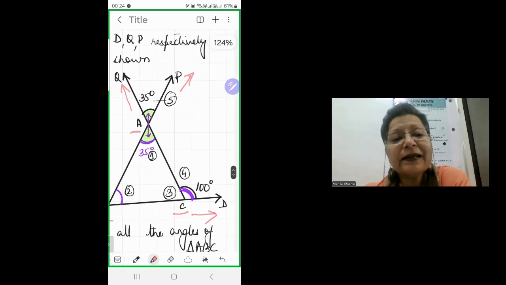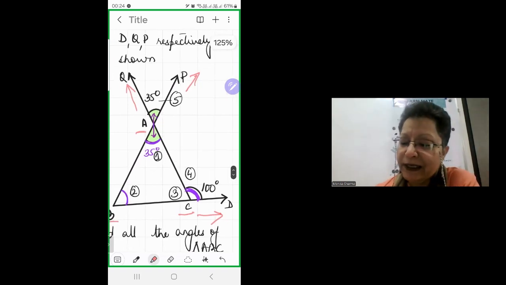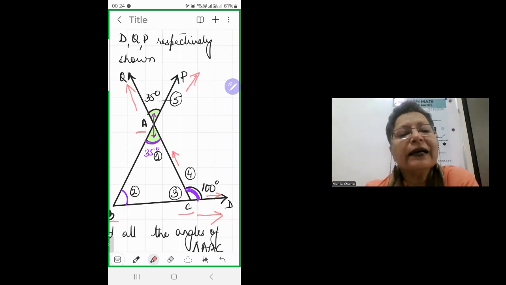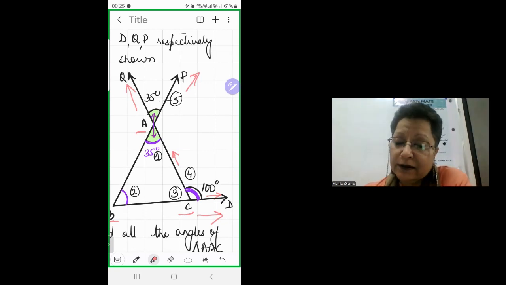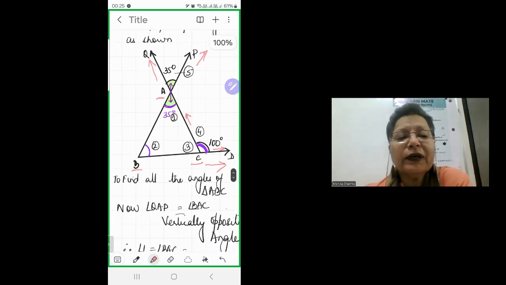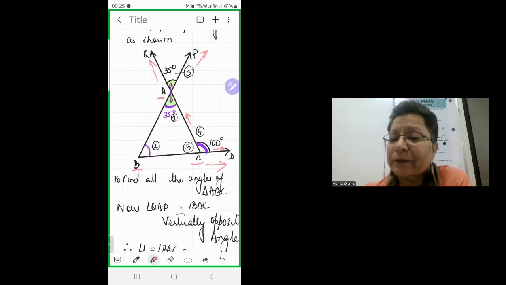Angle 4, which is an exterior angle, because it is made with an extended side and one of the already existing sides. So that is an exterior angle, angle 4, and that's given as 100. There is no other measure given. What I need to do is to find out all the angles of triangle ABC.